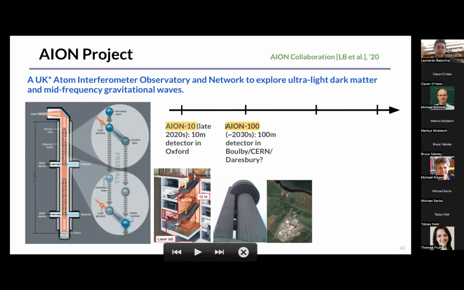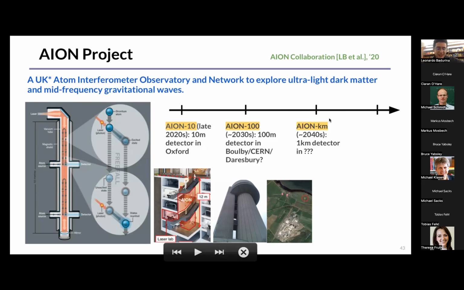AION 100 aims to be precisely that type of experiment, realizing a 100-meter atom gradiometer. The location is still unknown: possibly the Boulby mine in Yorkshire, maybe at CERN in one of the access shafts, possibly in Daresbury where there's a vertical tower. This is still unknown. But it would be better still to build a kilometer-long baseline.